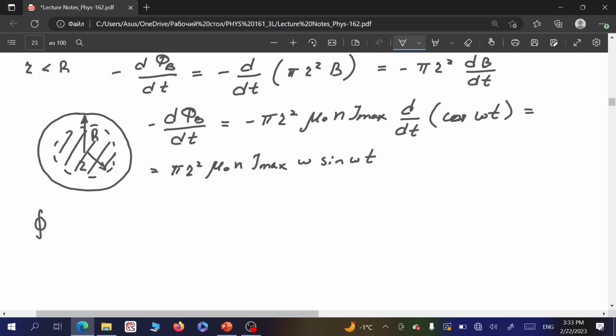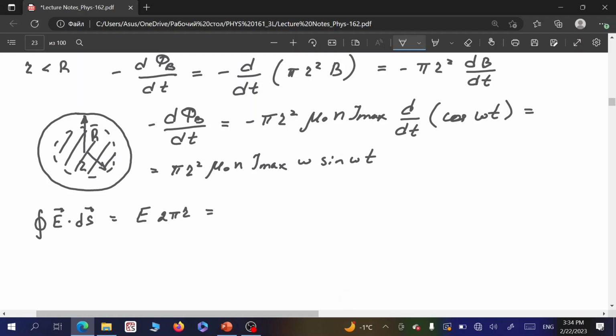Again, this linear integral over a closed loop of the induced electric field vector dot product ds vector will be equal to the magnitude of the induced electric field times 2 pi r, assuming that r is smaller than the radius of the cross-sectional solenoid.